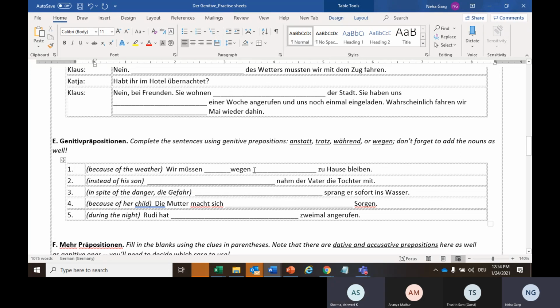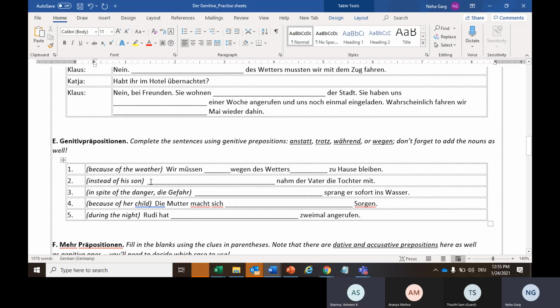So das will become des, and we will add an extra es, s only because we have two vowels. Wetters. Also, wir müssen wegen des Wetters zu Hause bleiben. So we have to stay at home because of the weather.